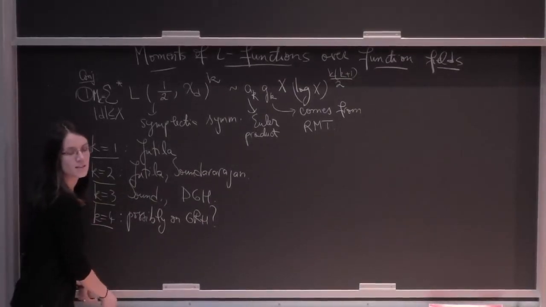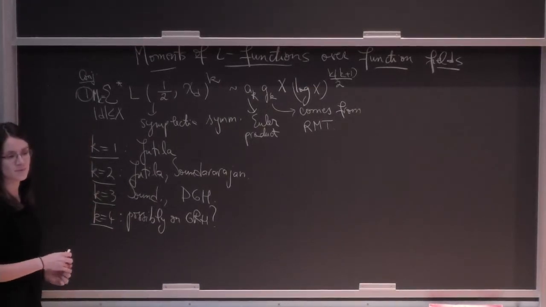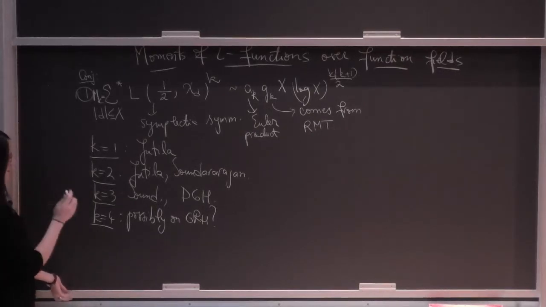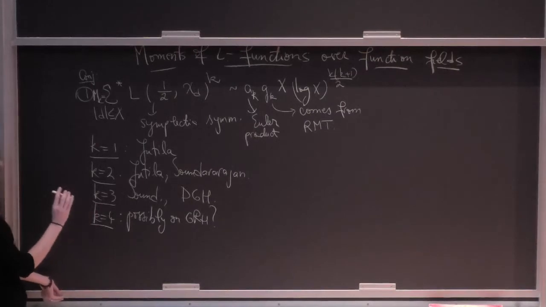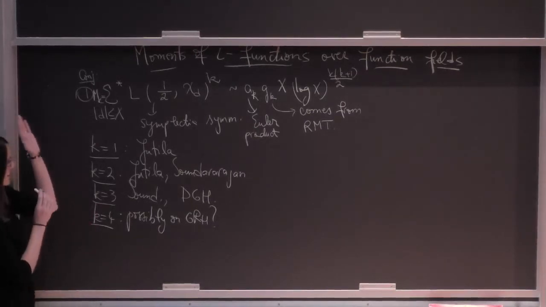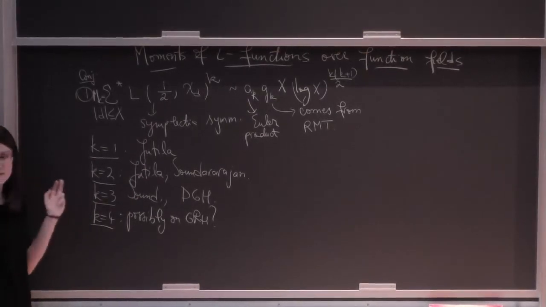Explicit, theoretically. By explicit, I mean extremely unexplicit. I should say that there is yet another approach due to Conrey, Farmer, Keating, Rubinstein, and Snaith, who developed the so-called recipe method.